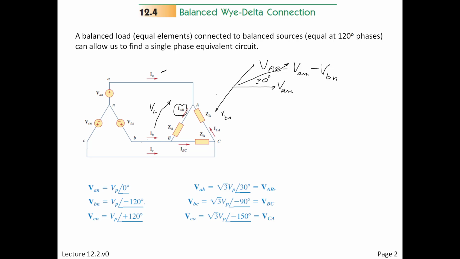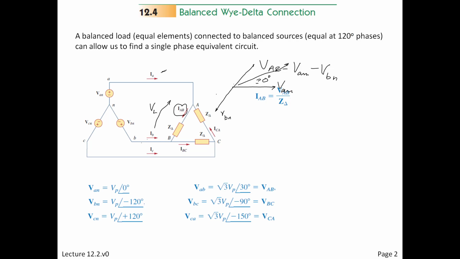Okay, so the four elements we want to find, here we have two of them, the phase voltage and the line voltage. Now we want phase current. We want the phase current, that's the IAB. And those are easily determined now from the VAB that we got.